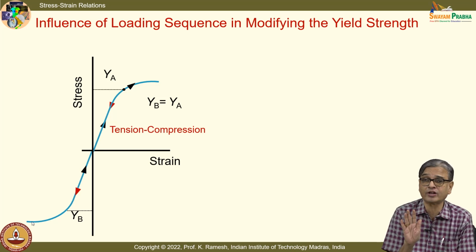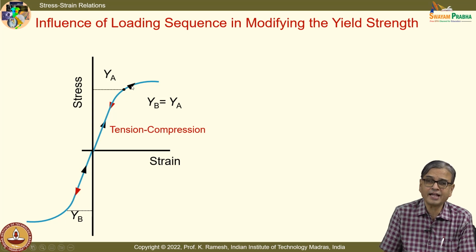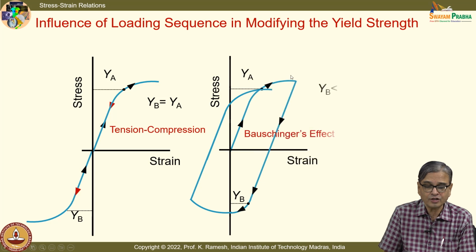They are very strong in compression, they are very weak in tension. Unlike that, a ductile material is having similar yield strength both in tension and compression when you load it like this. Suppose I load it to plastic region, then I unload it and go to compression.